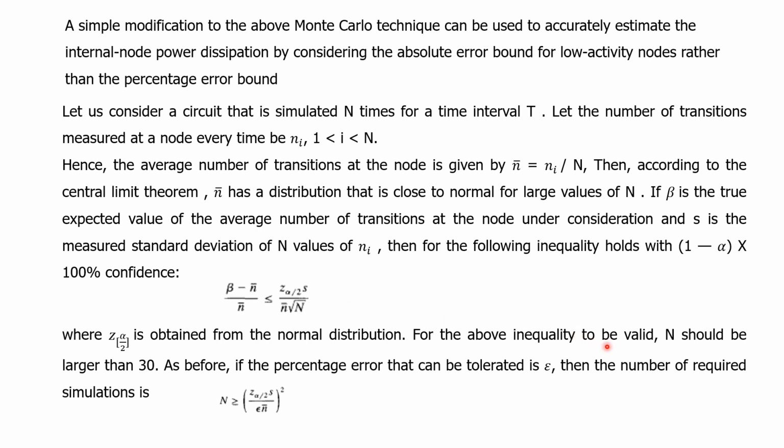For the above inequality to be valid, N should be larger than 30.